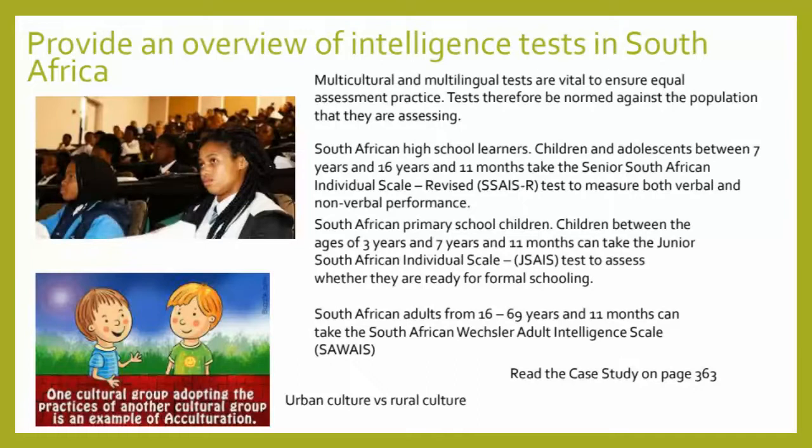So culture can be like that. It can be rural and urban, not necessarily religion or whether you are a Zulu culture or an Afrikaans culture. The test could be developed across the population, but within that population we do have cultures as well where differences in testing can arise.